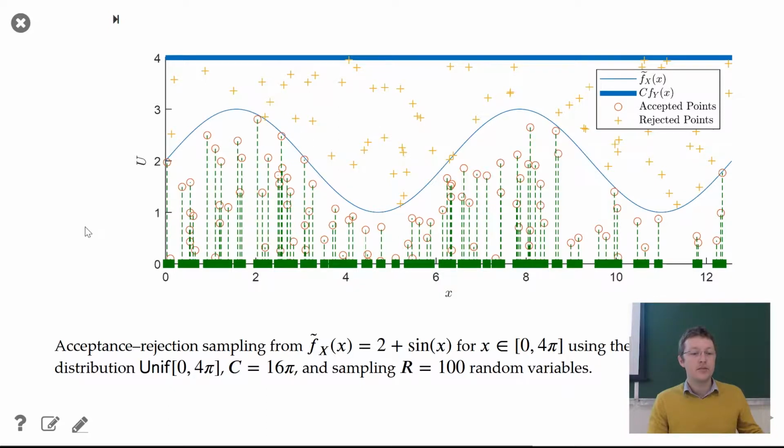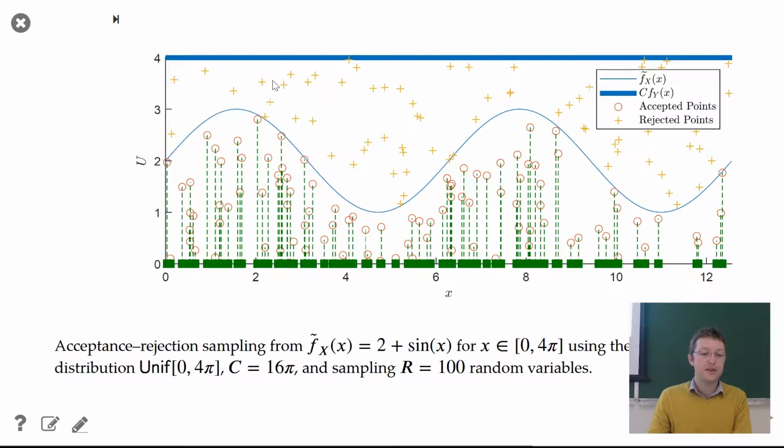And so what this is actually doing is, all the points on this plot here are different proposals, different y's. So effectively, you've sampled uniform random variables between 0 and 4 pi, and then for each of them I generate a uniform random variable between 0 and 4. So that's why the uniform variable is the y component of these points.